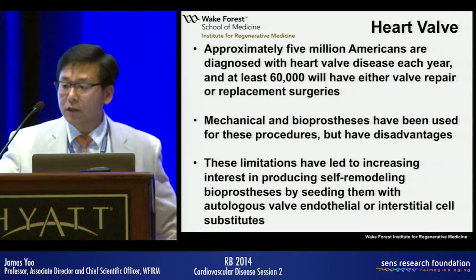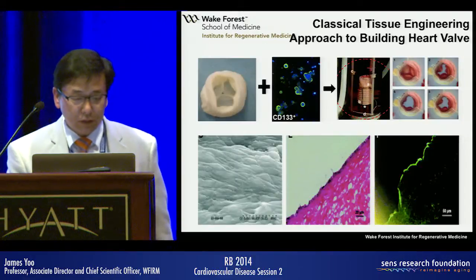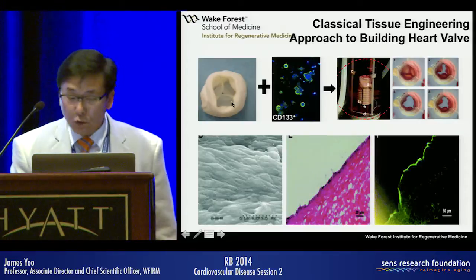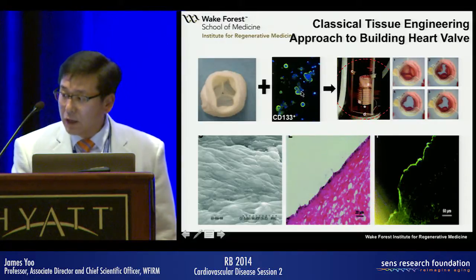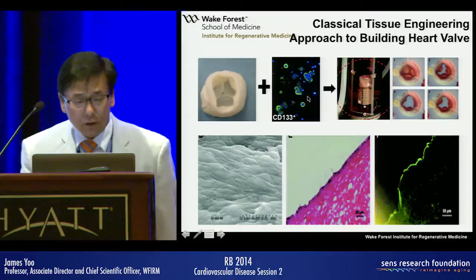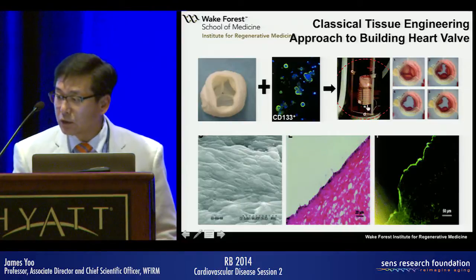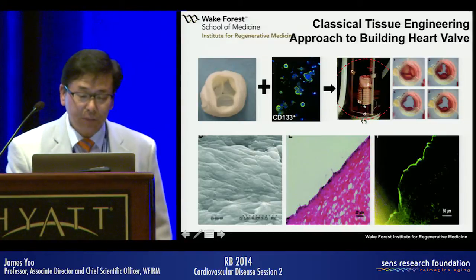So we have initially applied the same approach, the tissue engineering concept, to build heart valve tissue by taking the cells and taking the scaffolds. As you see here, we would take a valve tissue, donor valve, remove all the cellular components, leaving the extracellular matrix intact, and then obtain endothelial progenitor cells and coat the heart valve with these cells, and then place them onto a bioreactor to train them to adhere.